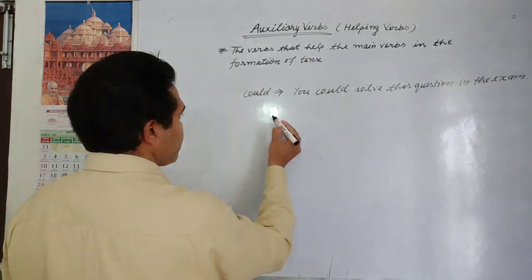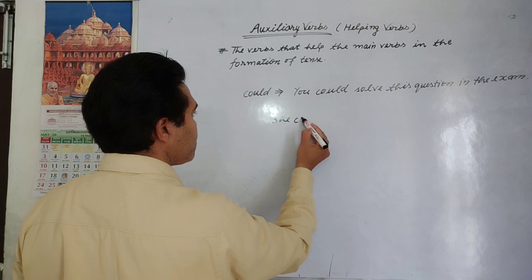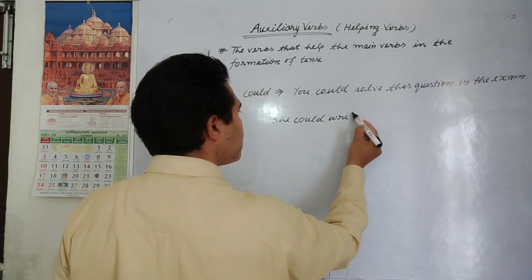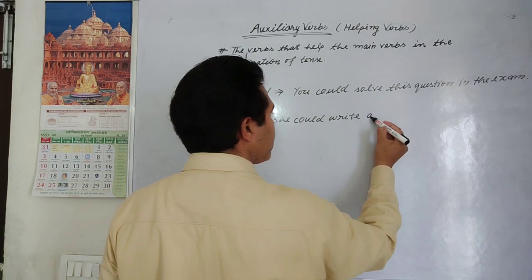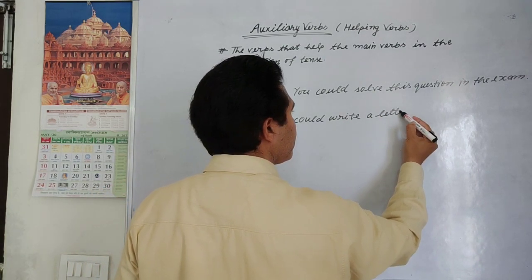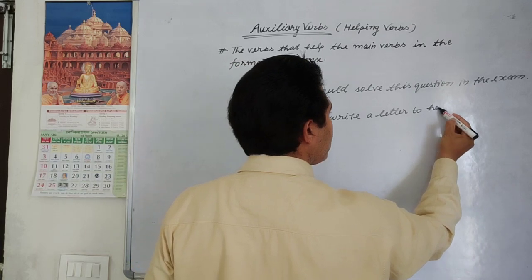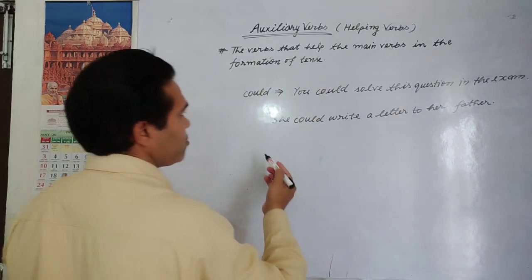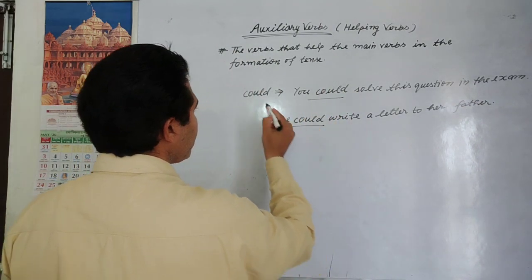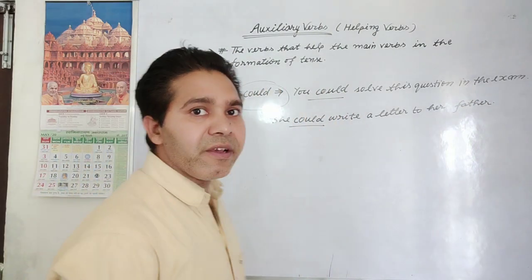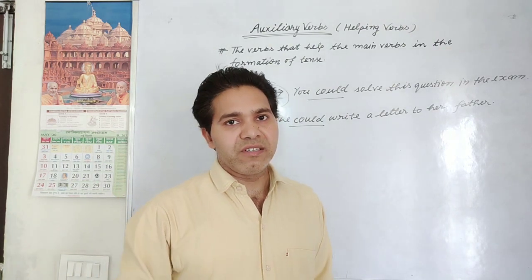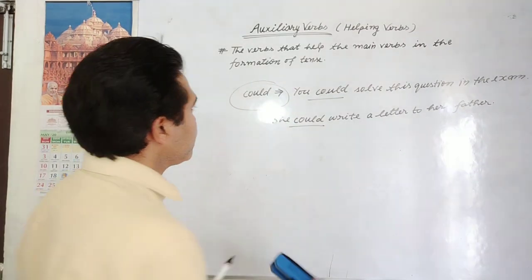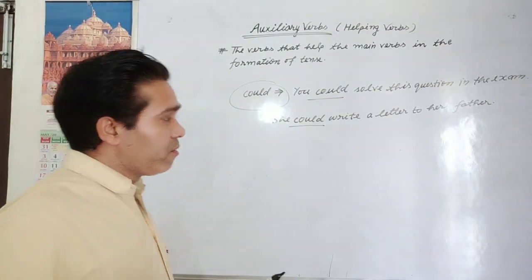Next, she could write a letter to her father. Past tense, you can see. Means could shows the ability to do something in a past tense. Okay. And next use of could.